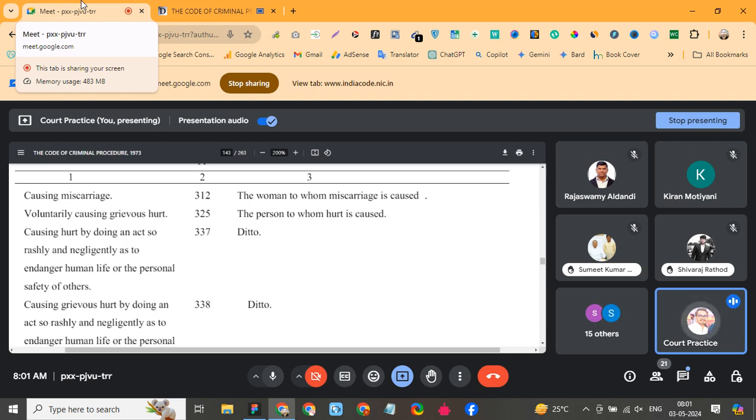Tomorrow we will continue with the next part. I am going to share a few FIRs in the group after the session. You just have to learn some sections according to the first schedule and section 320 of CrPC, and note down whether it is cognizable or non-cognizable, bailable or non-bailable, and under which court the matter is triable.